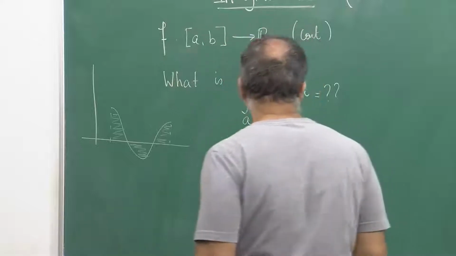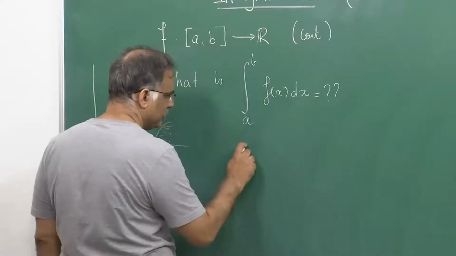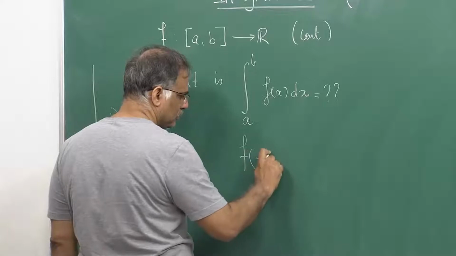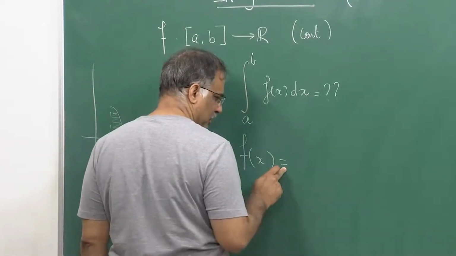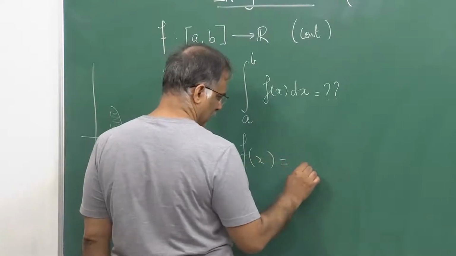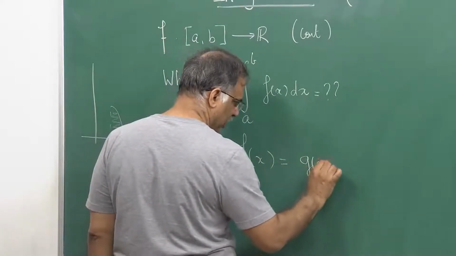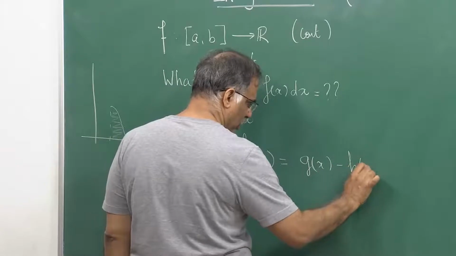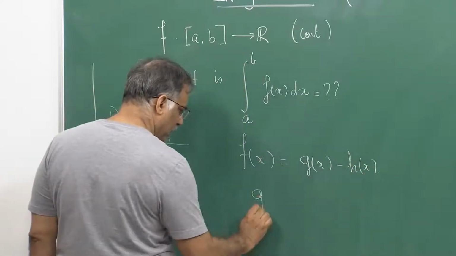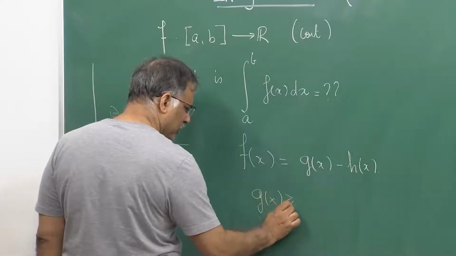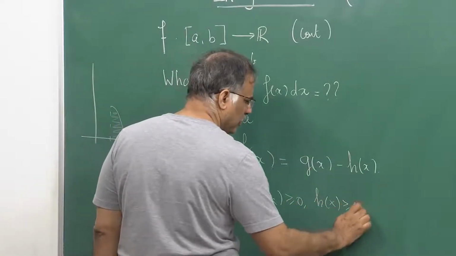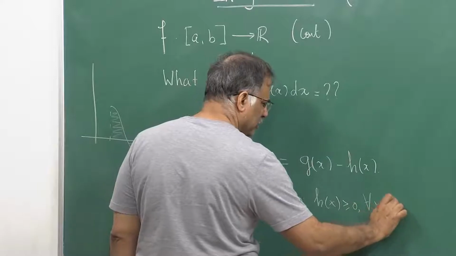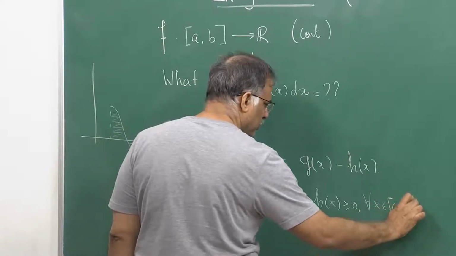Similarly, given any function f(x), I can always express it as the difference between 2 functions g(x) and h(x), where g(x) is greater than or equal to 0 and h(x) is greater than or equal to 0 for all x in [a,b].